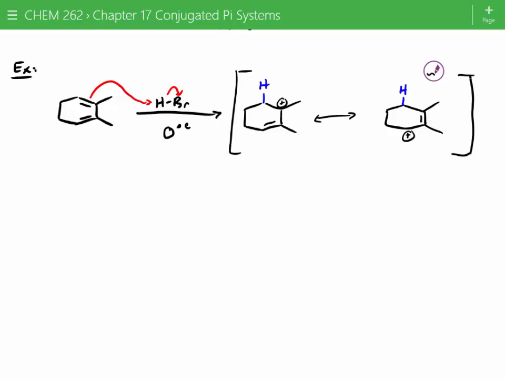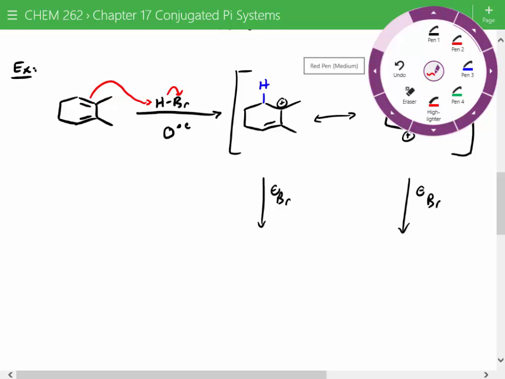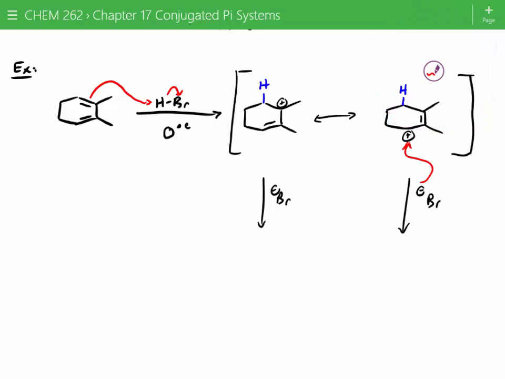All right. Now we've got to ask ourselves which product will be more likely. So we've got Br minus that can add into either of these. So it could add into this carbocation, or it can add into that carbocation.